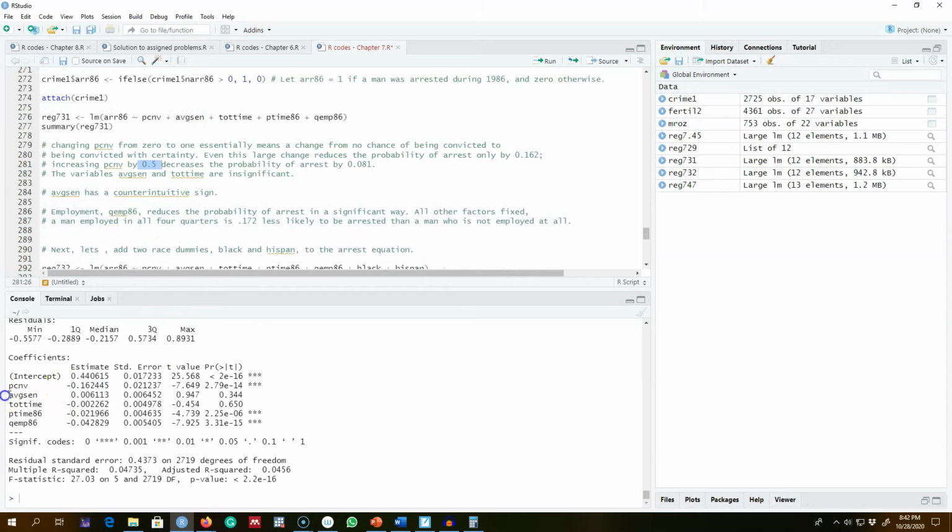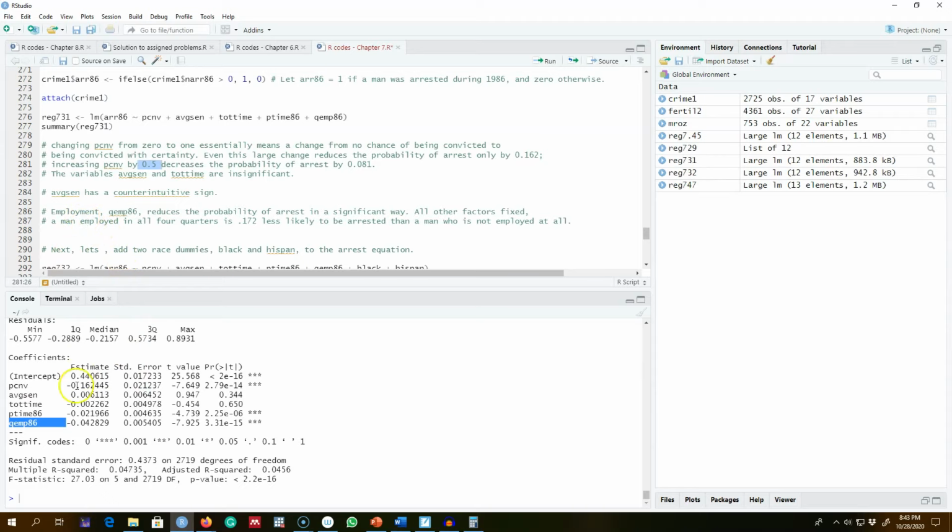The coefficients on average sentence and total time in the prison, both of these variables are statistically insignificant. Both past time spent in the prison and the number of quarters that a man was legally employed in 1986 are statistically significant, and both have negative coefficient values, and both show that an increase in any of these two variables decreases the probability of being arrested.